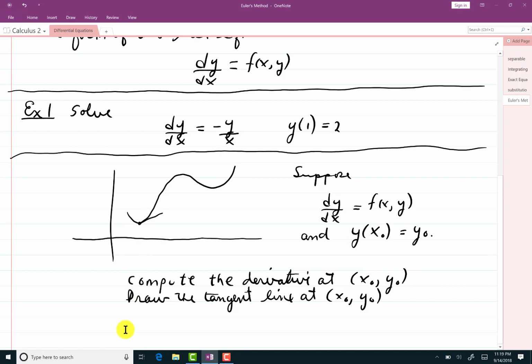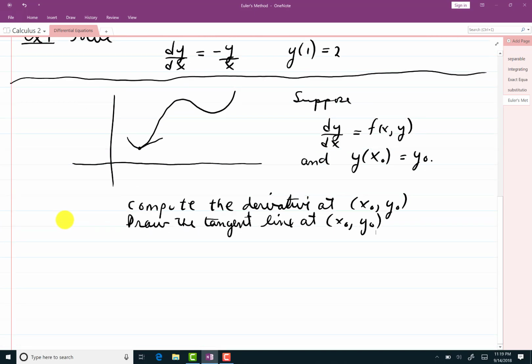The next thing you're going to want to do is let x1 equal x0 plus h. What I'm doing here is incrementing x naught by h.